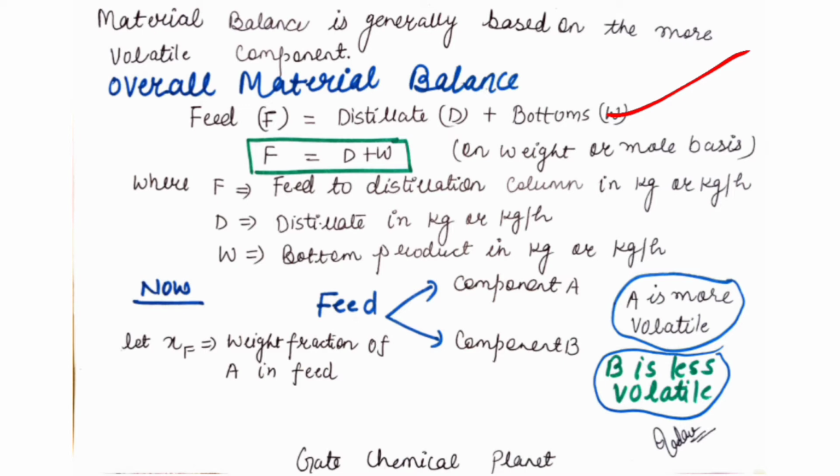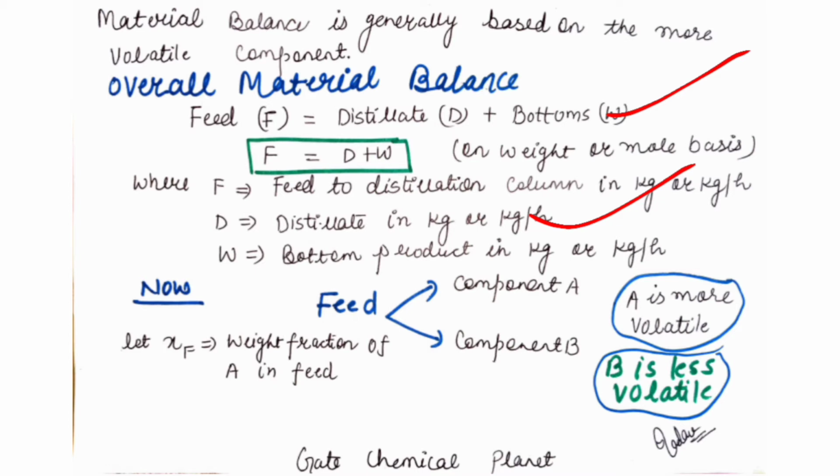This equation is based on weight or mole basis, where F is the feed to the distillation column in kilograms or kilograms per hour. Capital D is the distillate in kilograms or kilograms per hour. Capital W is the bottom product in kilograms or kilograms per hour.